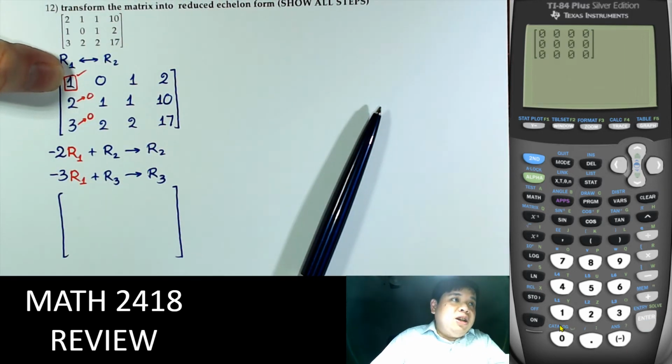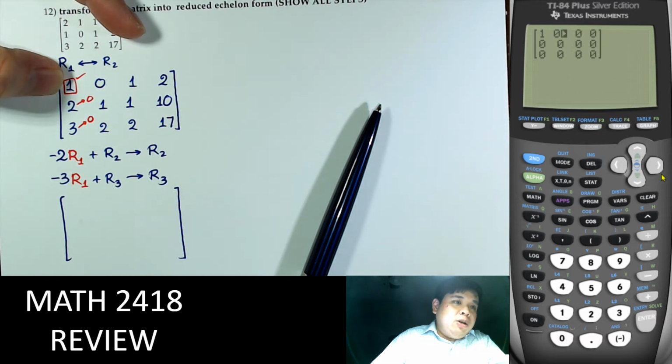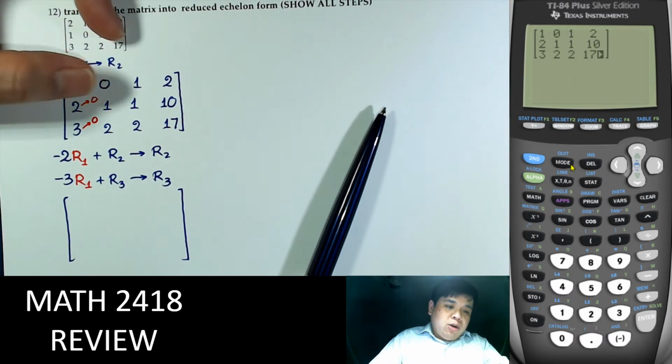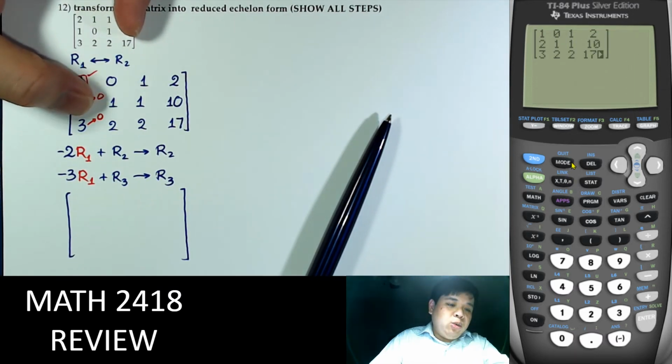Just going to enter this: 1, 0, 1, 2, 2, 1, 1, 10, 3, 2, 2, 17.